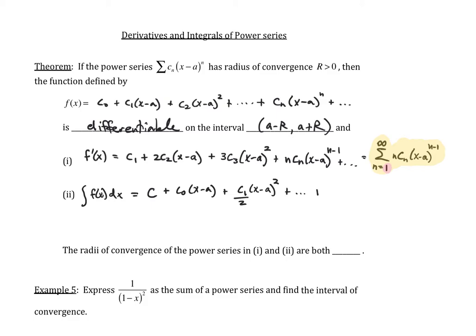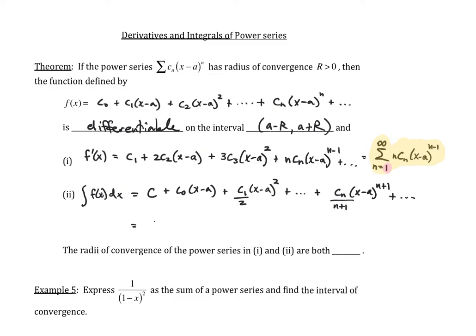If we find the antiderivative of this general term, c_n (x minus a) to the n power, then we are going to get c_n (x minus a) to the n plus 1. We have to divide by n plus 1. And this series just goes on forever. So if I wanted to describe this series in general, what's it going to look like?